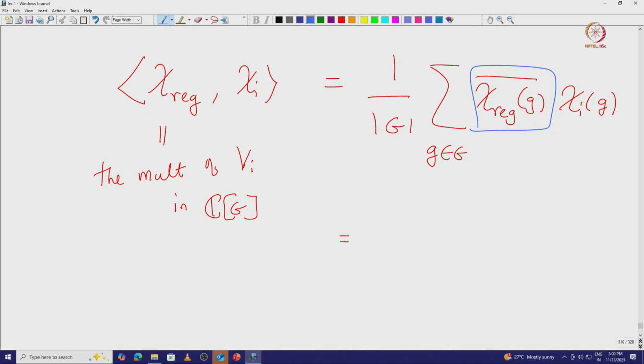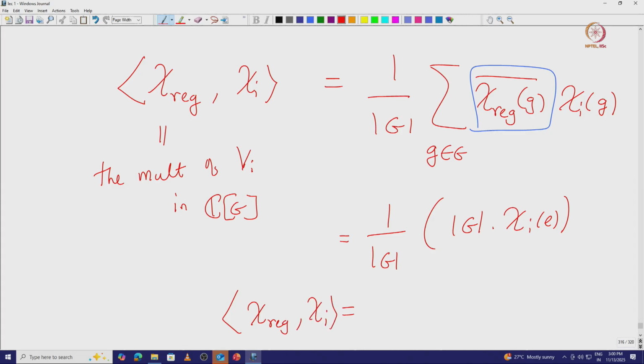So this is going to be 0 for all G not equal to identity, and only one term will survive. This is 1 divided by the cardinality of G, times the cardinality of G, times chi I of identity. So this inner product, which is the multiplicity of chi I inside chi regular, is exactly equal to chi I of E, which is the degree of this representation, which is d I.